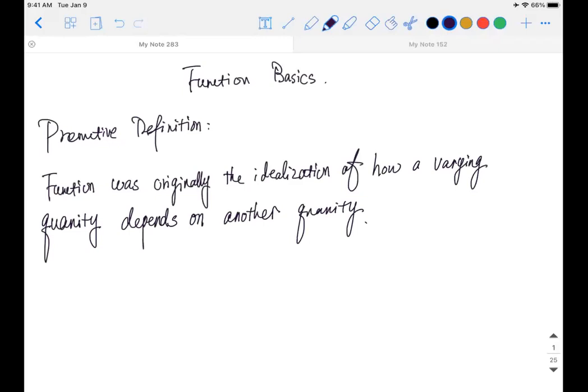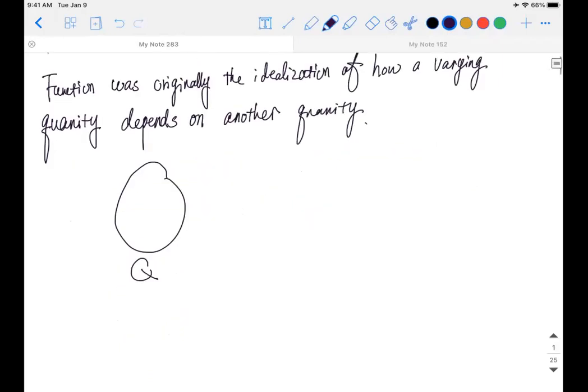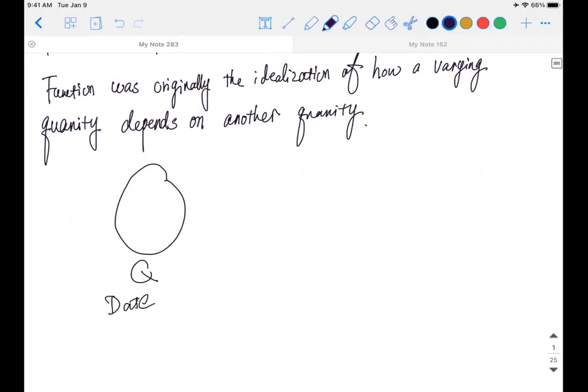So what is that? See, we have something. Let's say we have a quantity number 1. They're actually changing. Let's say we can say this is a date, for instance. Okay, so we have January the 1st all the way to December the 31st. So the days, they're changing. At the same time, each day, it is possible that it's reflecting to temperature, right?